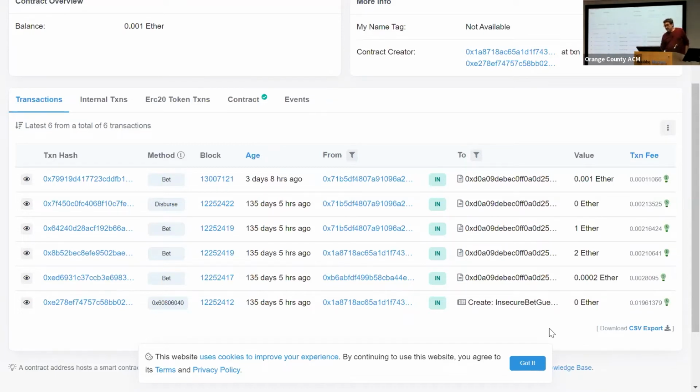For example, you can see that there was a transaction three days ago, and that was myself betting some money just to be able to show you something. Also, maybe later after the talk, if you want to see more details, we can go through this in more detail.